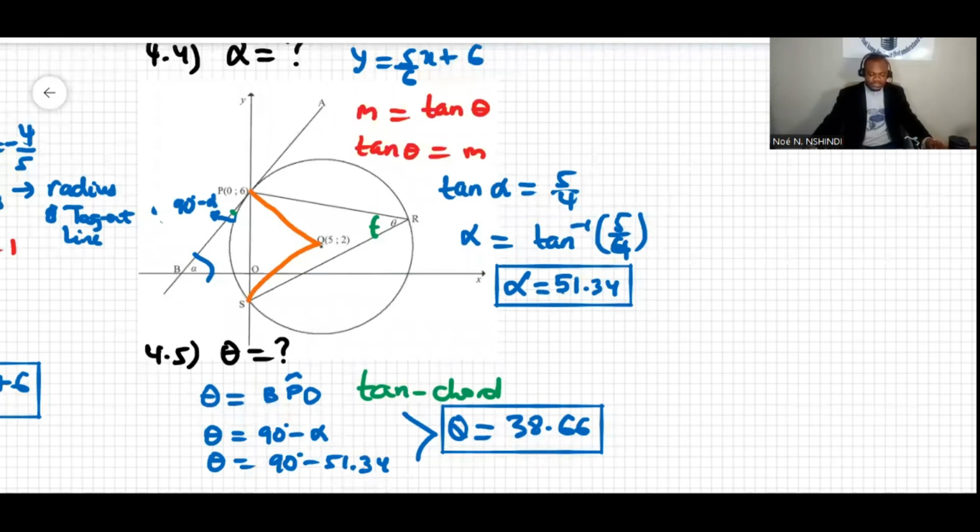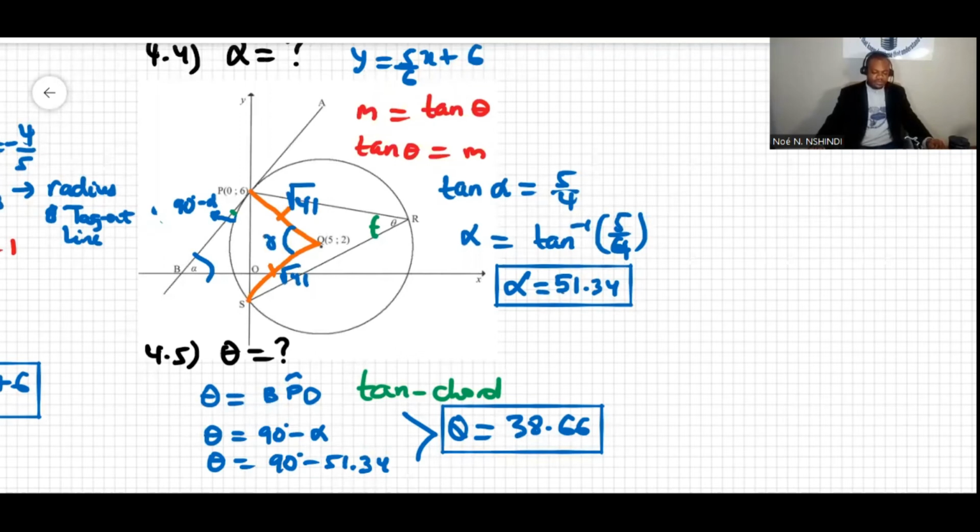I mean, use the angle at the center. So, what can we do over here? We do know this and this are equal, because they're both the radius. The radius was found in the previous questions. It was the square root of 41. Now, we can say this angle theta, and let's call this angle gamma.